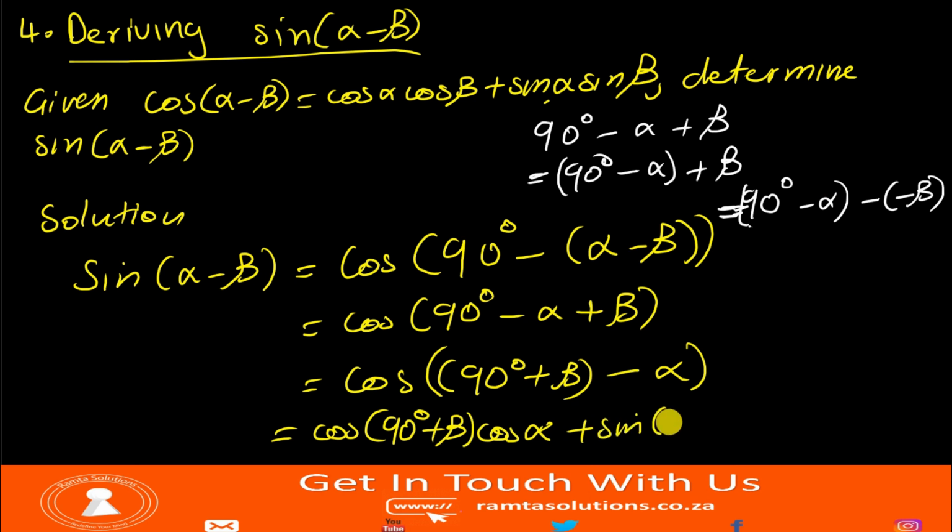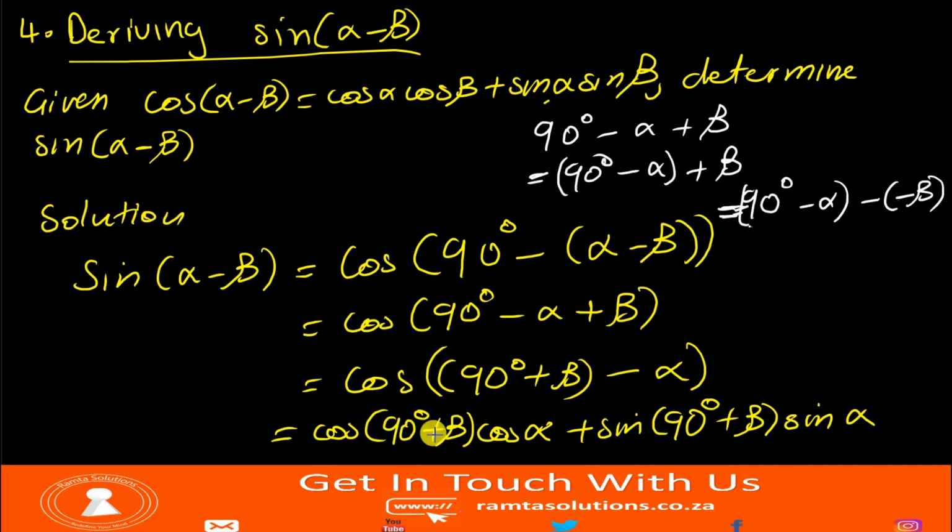Sine 90 degrees plus beta multiplied by sine alpha, right? Oh, now I see reduction formula. So in the 90 plus quadrant, cosine is negative. Do you guys agree with me?